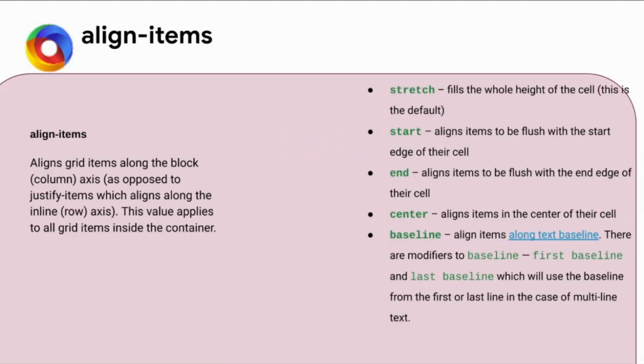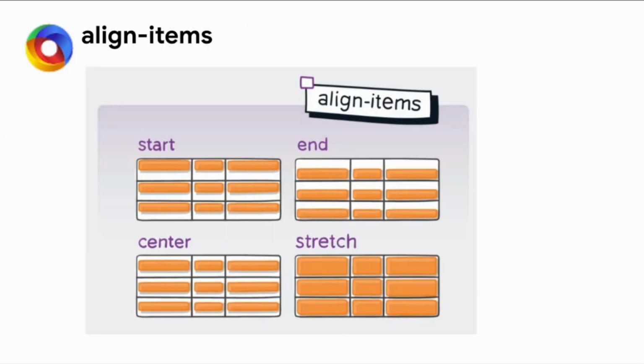Similarly, we have justify self and align self. What exactly are they? Suppose this is one of the cells. I want all the cells to be aligned to the end, but this cell I want at the top. In that case, you can set align self to the top here, so it will change the property for this one cell, overriding align items.